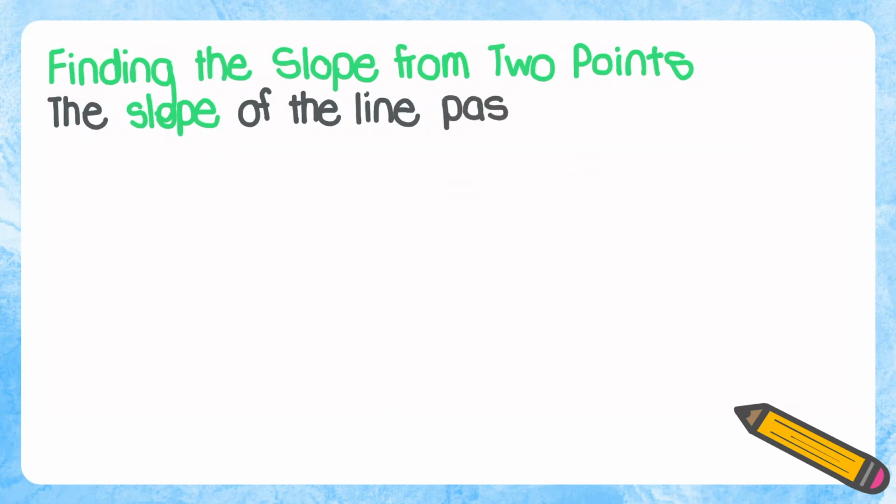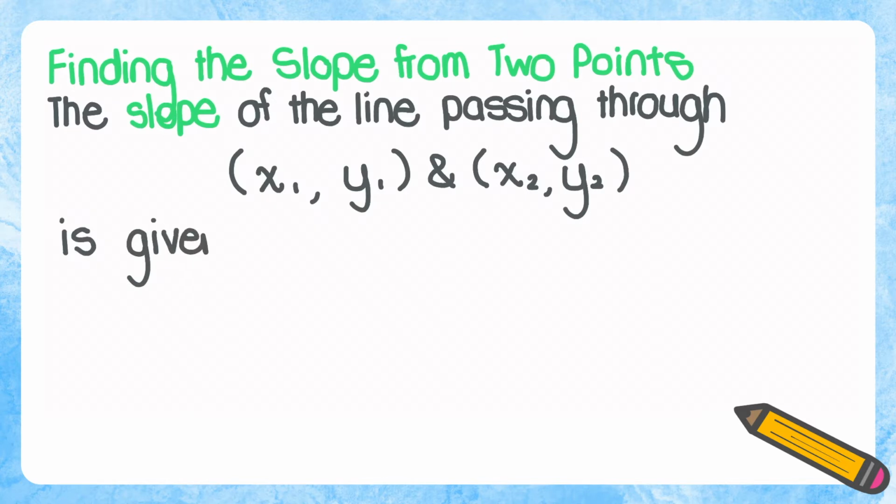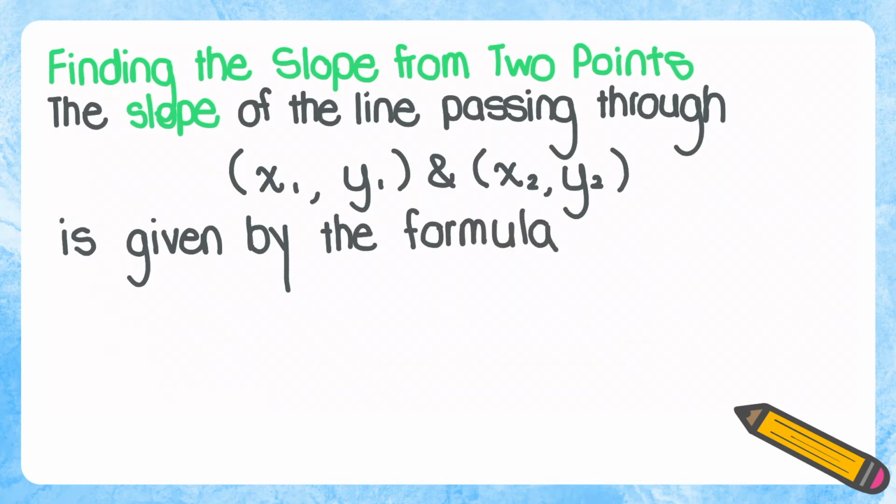So we have that the slope of the line passing through 2 points, x sub 1, y sub 1 and x sub 2, y sub 2, is given by the following formula. The slope m equals y sub 2 minus y sub 1 over x sub 2 minus x sub 1.